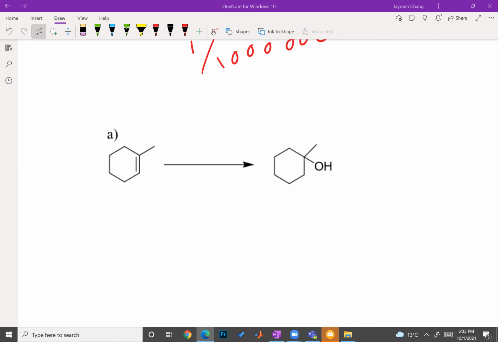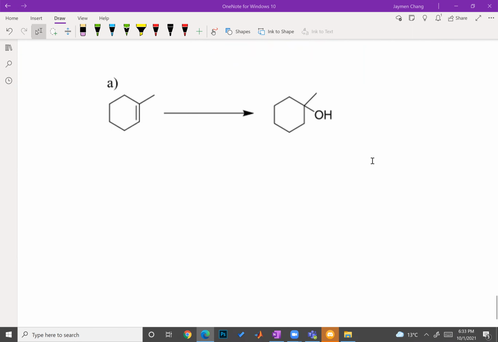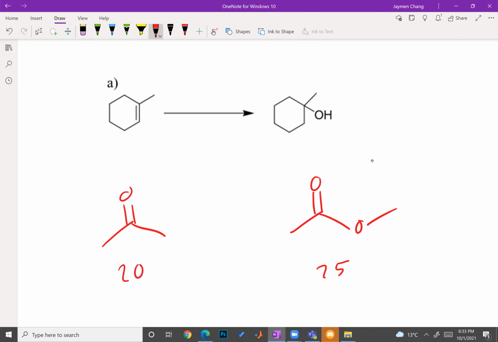The pKa of an ester is about 25, I think, and a ketone should be about 20, right? Let me double check. 20 and 25, perfect.